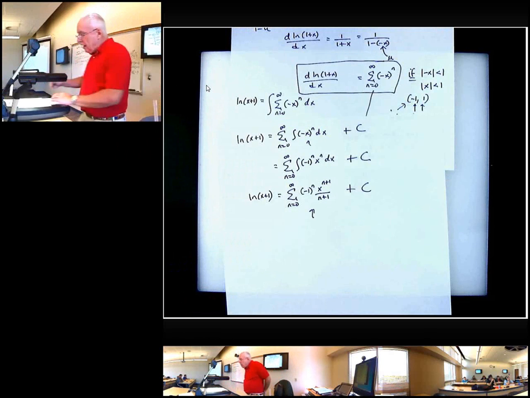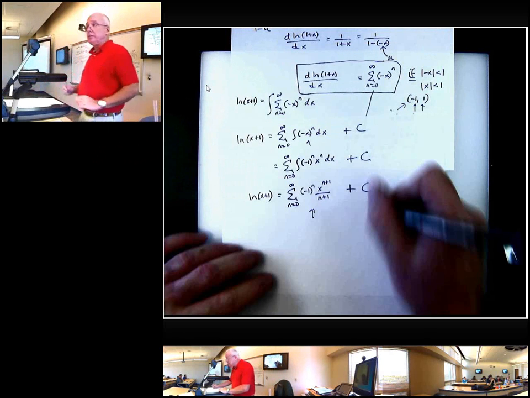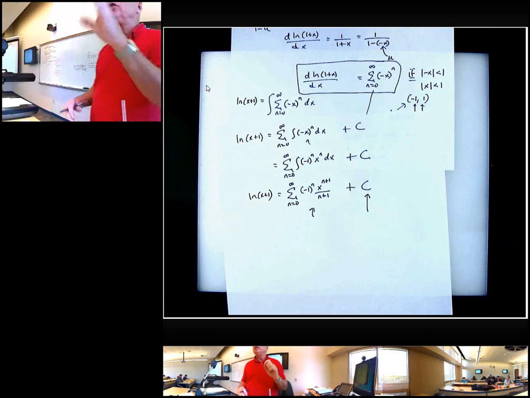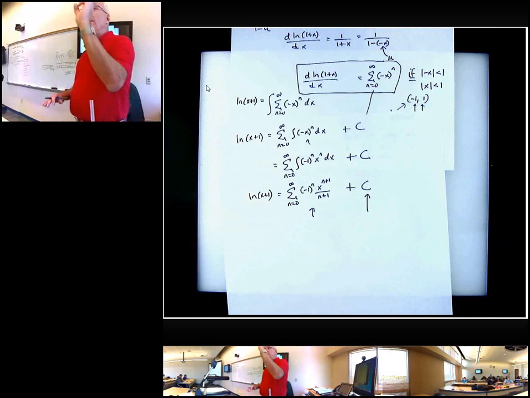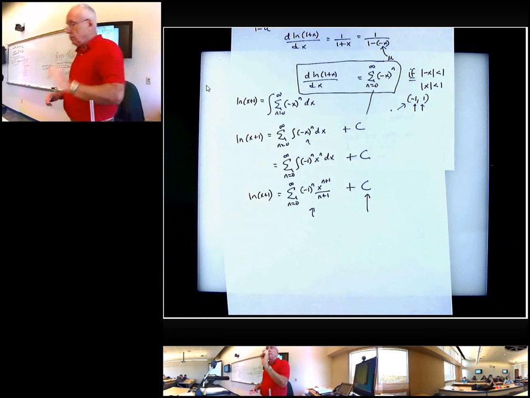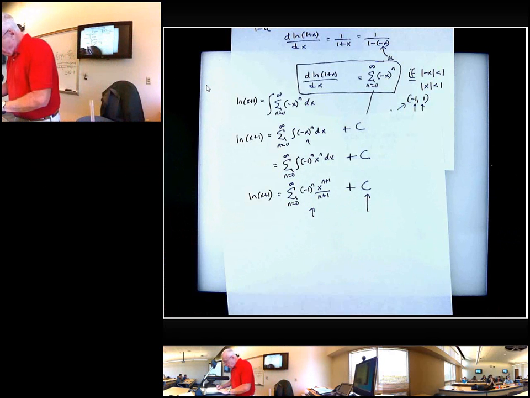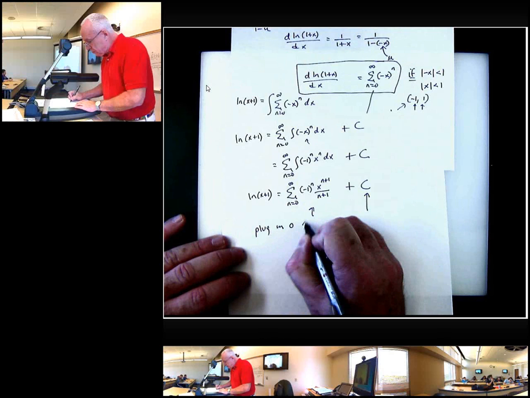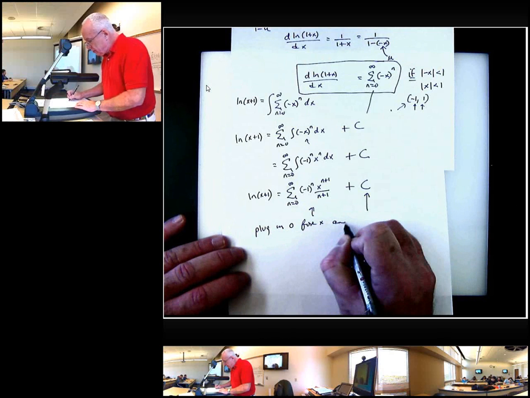I want to try to figure out what this c is. The easiest way to do it is to just plug in 0 for x, and you'll get a value for c. Plug in 0 for x, and solve for c.